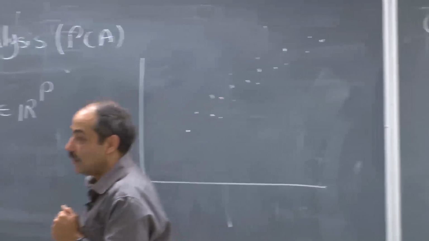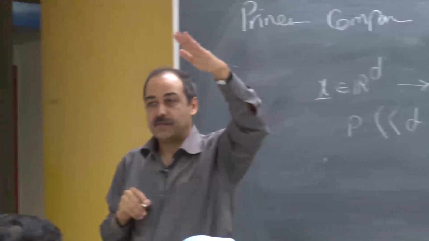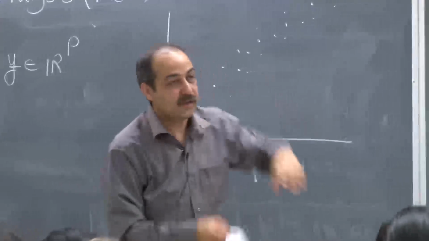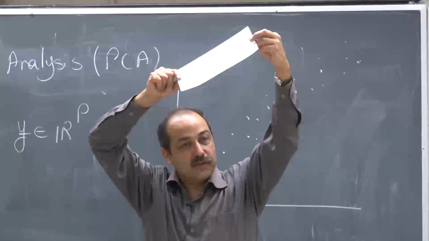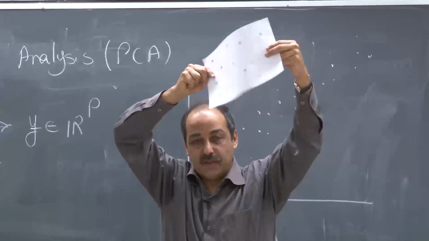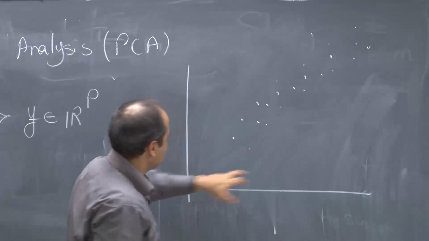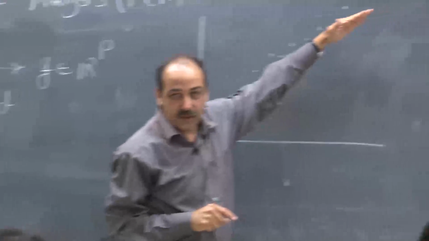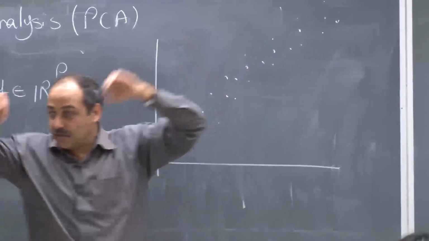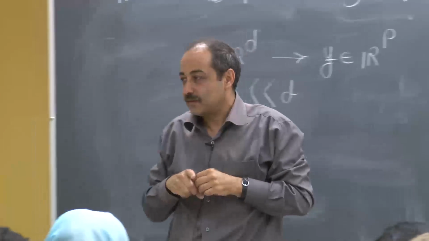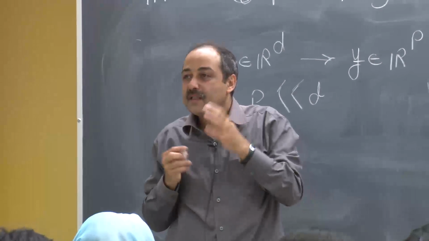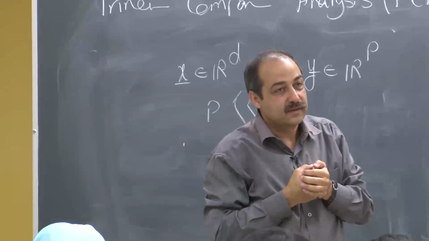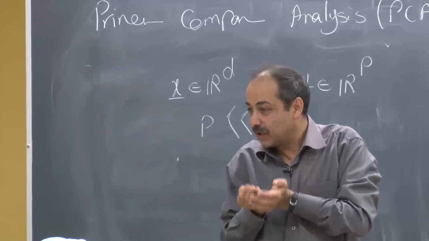There is no linear subspace such that all of these points are on that subspace, similar to the example that I showed you, where all of these three-dimensional points are in a two-dimensional subspace. In this two-dimensional space, there is no one-dimensional subspace. A one-dimensional subspace would be a line. There is no line such that all of these points are on that line. But there is a line such that these points are close to that line. Not exactly on it, but they are close to that one.